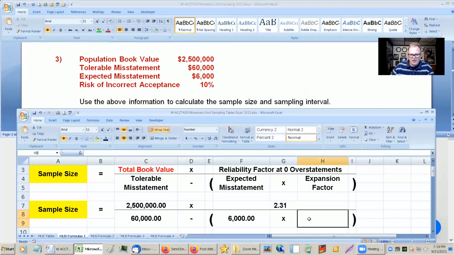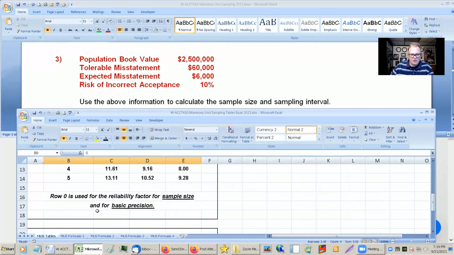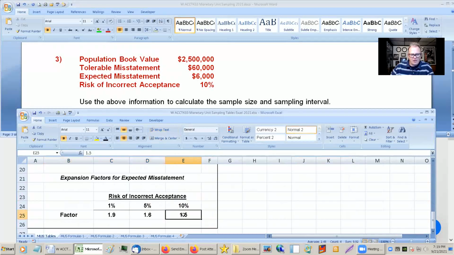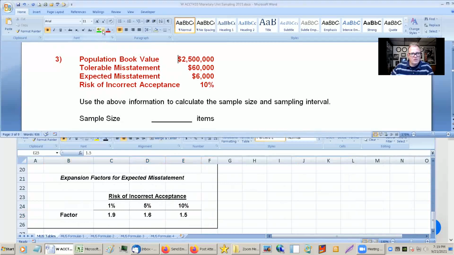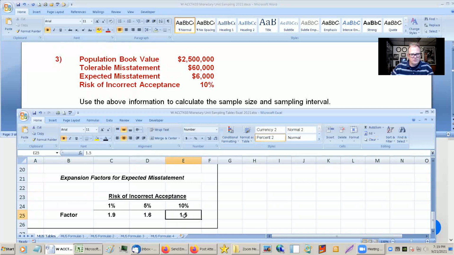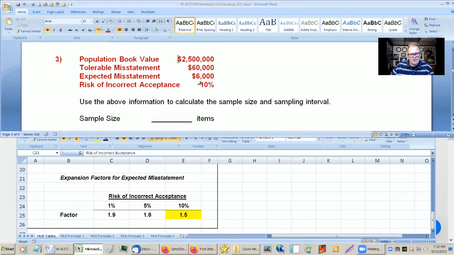Now the expansion factor, when we go to the table, it's 1.5 at 10%. So here's that 10%.